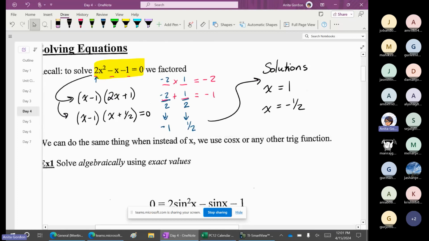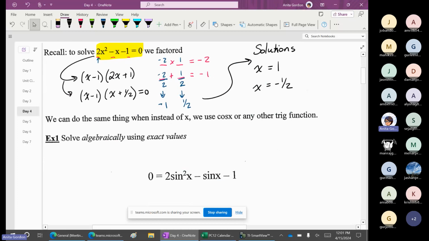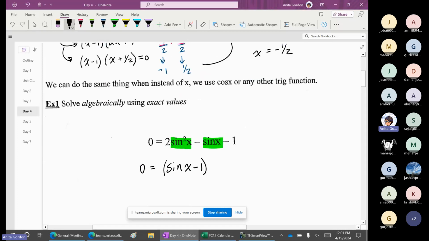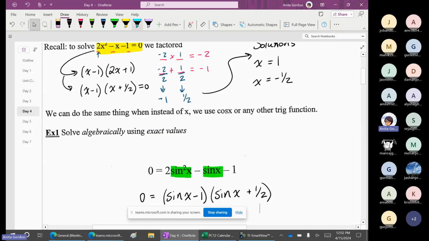Sorry, did I scroll too fast? In example 1, we have exactly the same equation, but instead of an x squared and an x, I have a sine squared x and a sine x. The way that I solve this is going to be the same, right? In factored form, this is going to give me sine x minus 1 times sine x plus 1/2, because all I have done here is replaced the x with sine x.